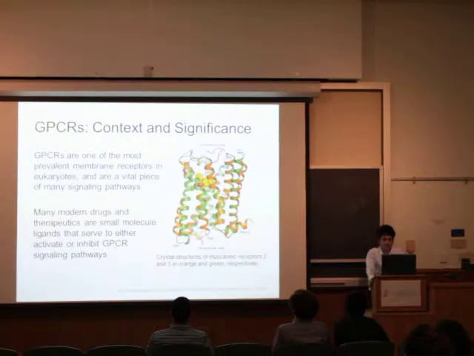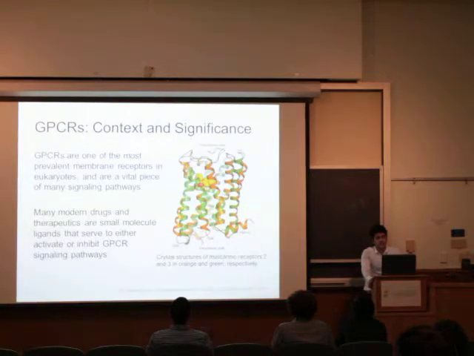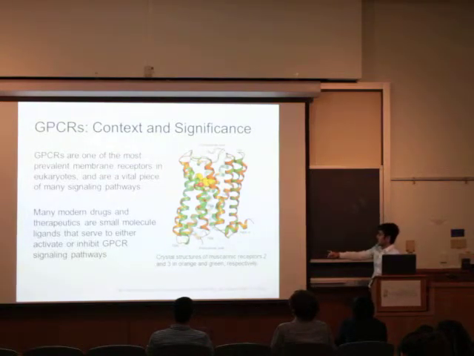regulatory mechanisms in organisms, and a lot of previous neuropharmaceutical research has been done in designing or finding ligands that either activate or inhibit G-protein coupled receptor pathways. You can see the structures of two of them here overlaid, the muscarinic receptors 2 and 3.